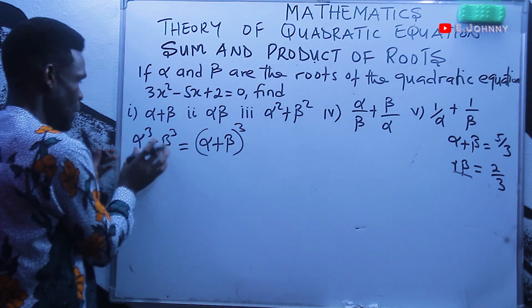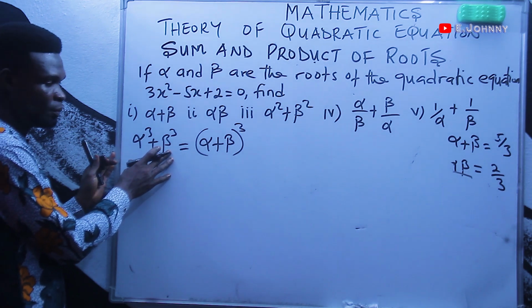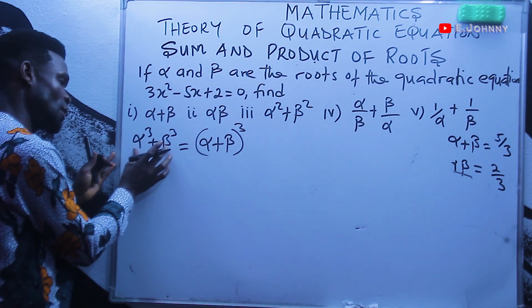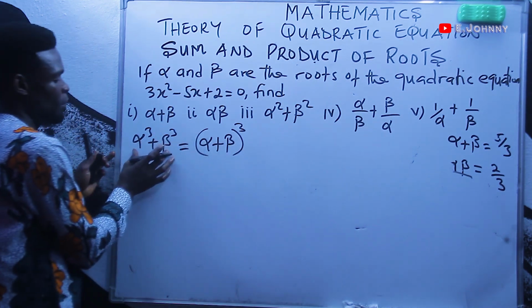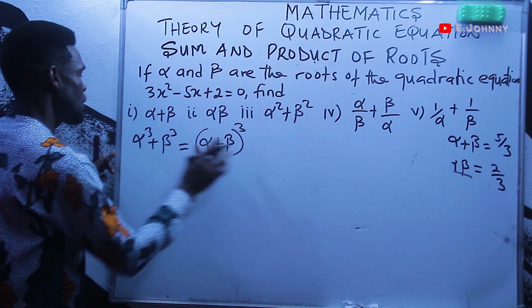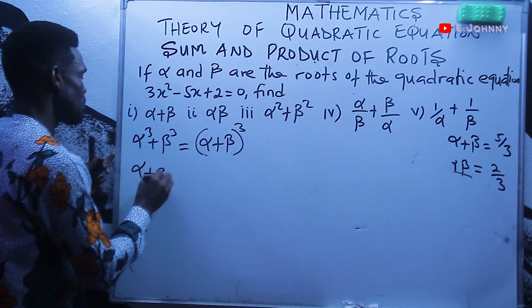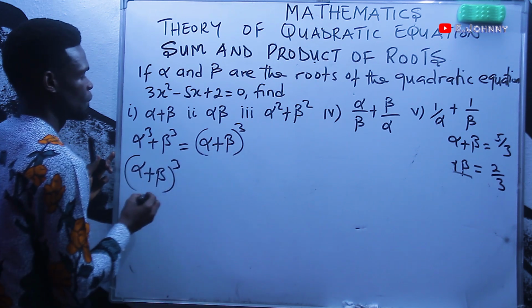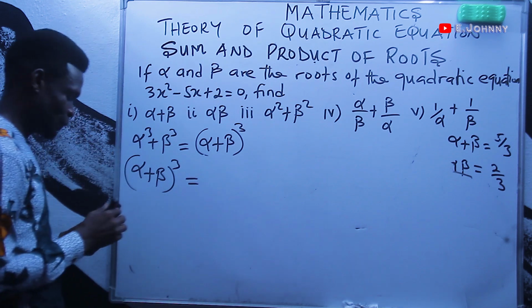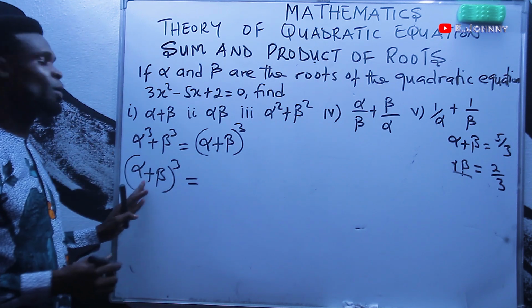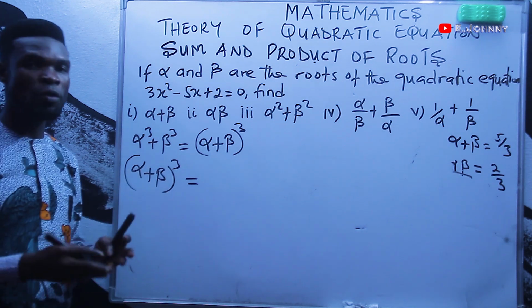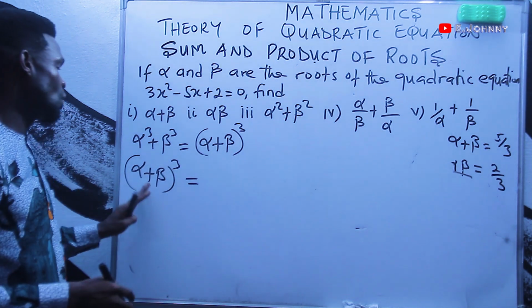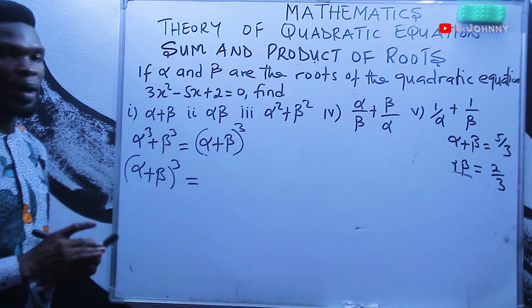I'm not interested in this anymore. Why? Because after expanding this, I'm going to obtain this. So this is where I'm interested in, which is alpha plus beta cube. And it is equal to, now this is binomial expansion of power 3. If you watch my video on binomial expansion, you will really understand this, but I'm going to apply it.